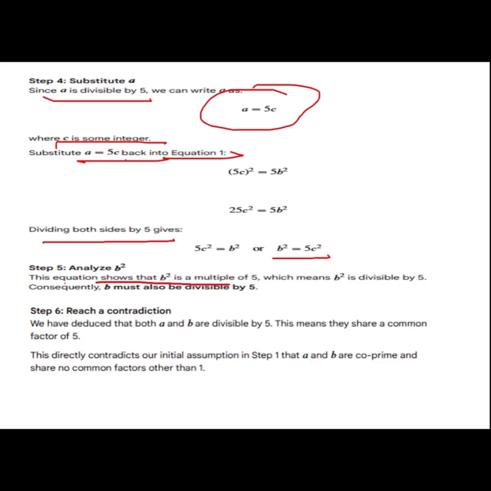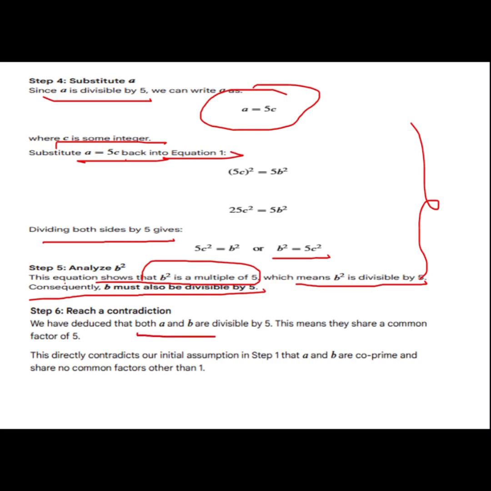This equation shows that b square is a multiple of 5, which means b square is divisible by 5. Consequently, b must also be divisible by 5.